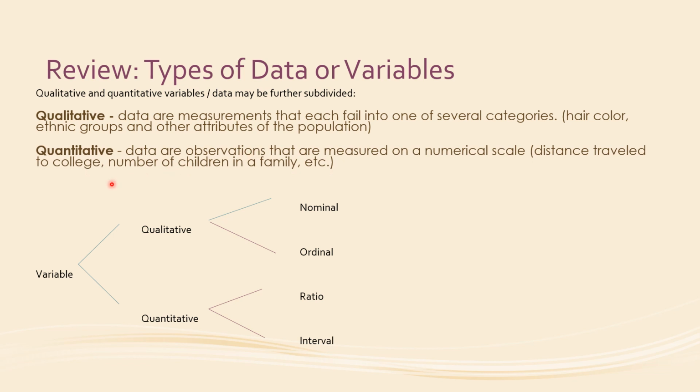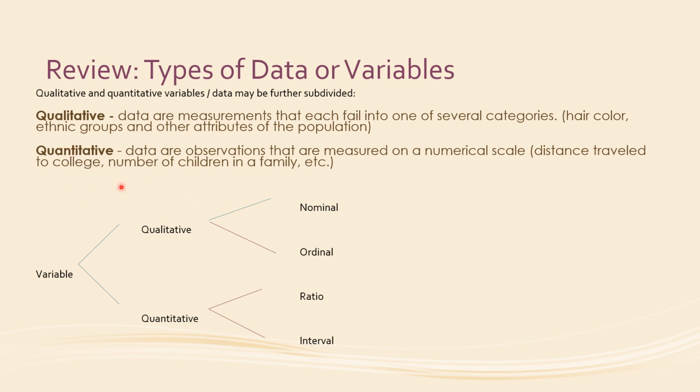And quantitative data are observations that are measured on a numerical scale, like distance traveled to college, number of children in a family, the distance you walked from your house to school. Those are examples of quantitative data.